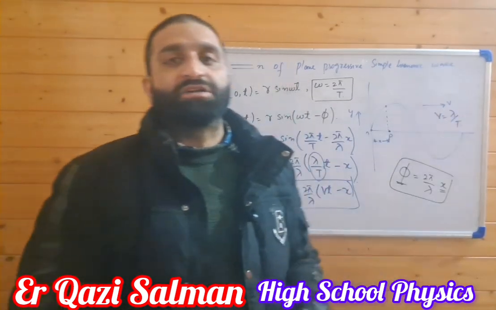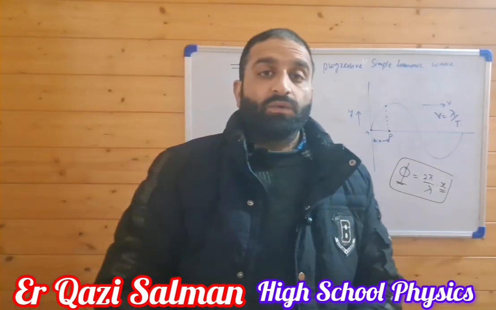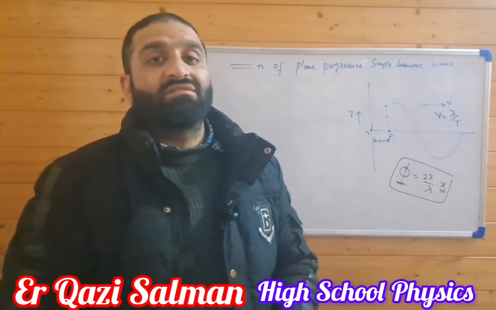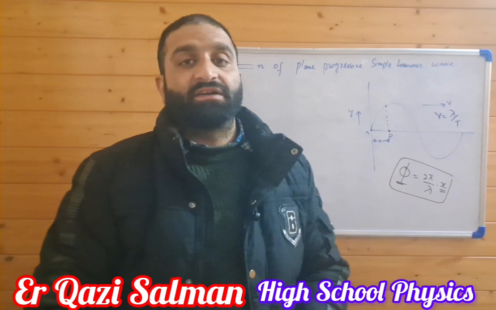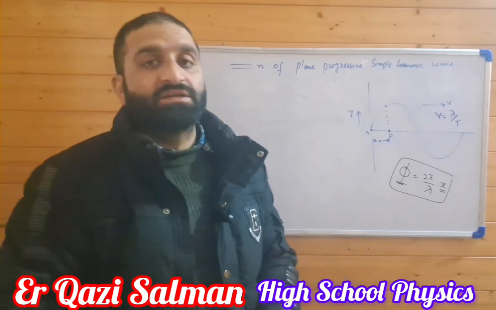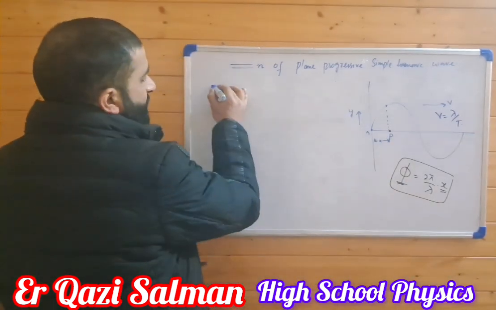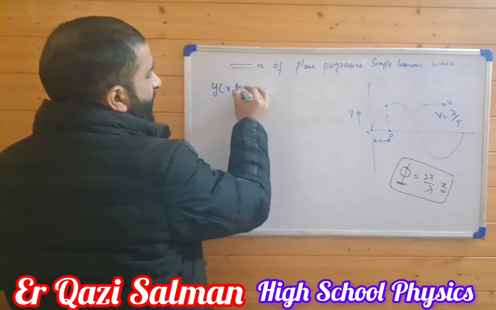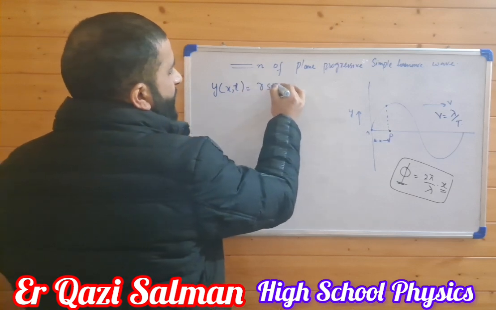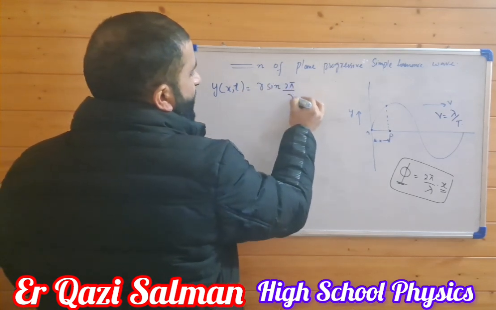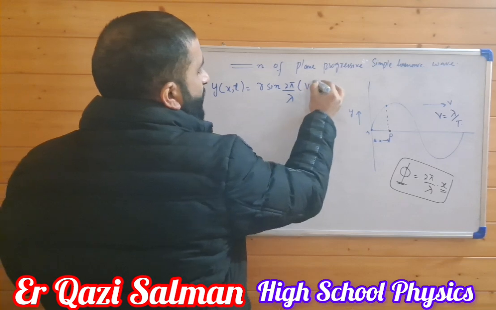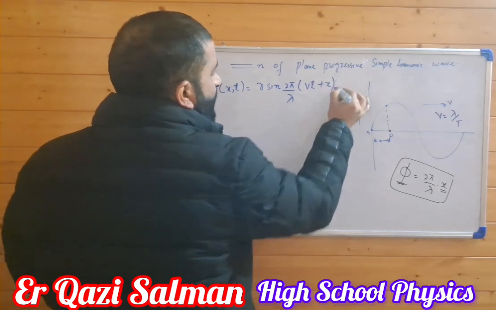Talking of a plane progressive wave traveling in the negative x direction, the minus sign needs to be replaced by the plus. So the equation becomes y at x comma t is equal to r sine of 2 pi by lambda into vt plus x.